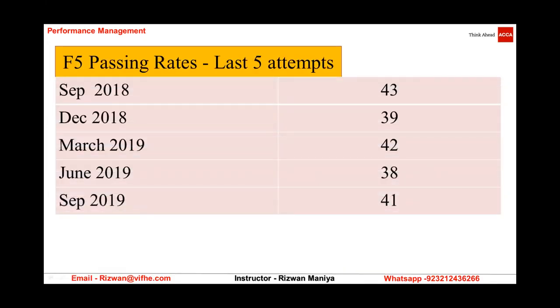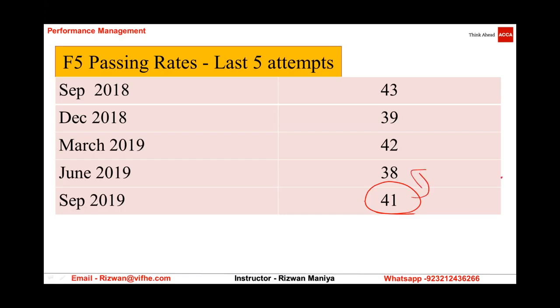Now, the last 5 attempts. September 2019, being the recent one, is 41%. So you can see it's good if I compare that with June 2019.